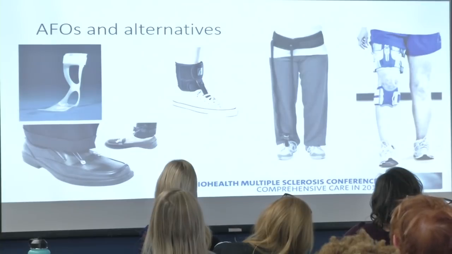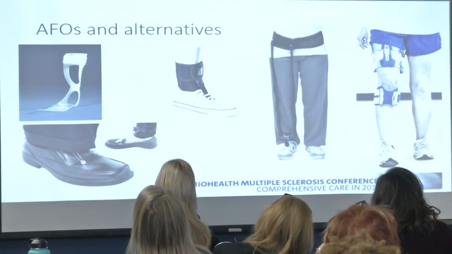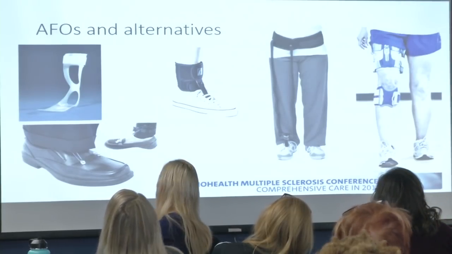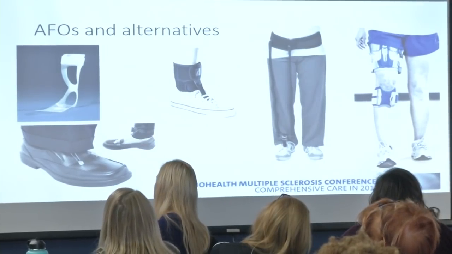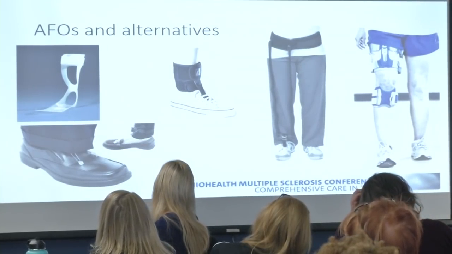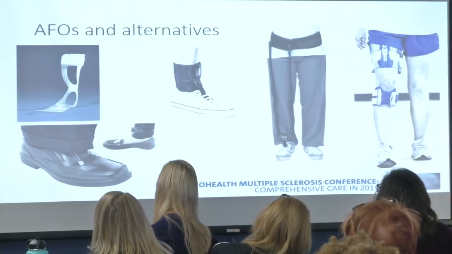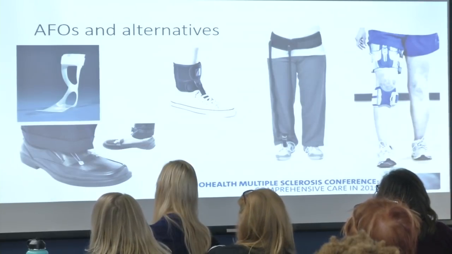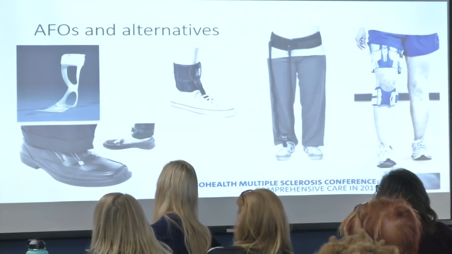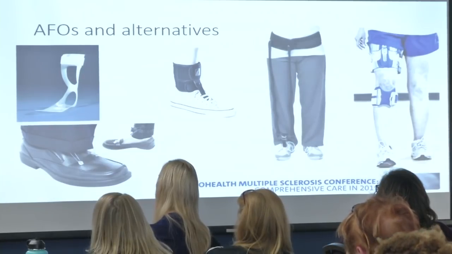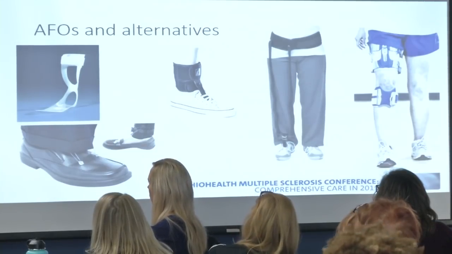So you have a Swedish AFO that's just this white figure 8. It's not a great long-term solution, but it's like $30. So thinking maybe someone's in the acute care hospital, they had a relapse, and you're really, really concerned about fall risk, please don't get them a custom AFO.